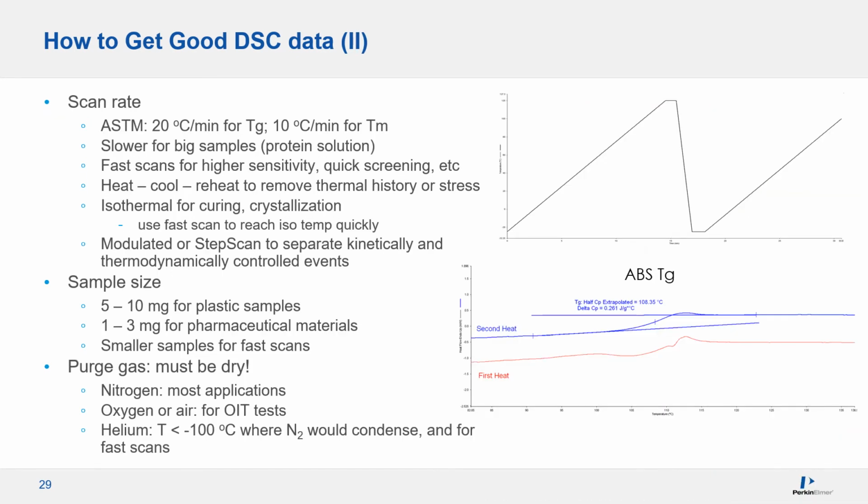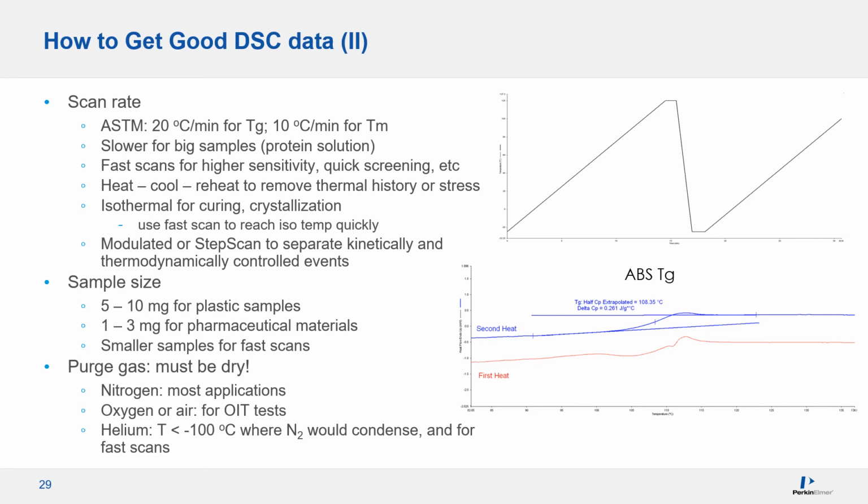A typical scan rate is 20 degrees C per minute for Tg and 10 degrees C per minute for melting temperatures. Use slower or faster scan rates when you have sample size issues or you want to explore the fast scan capabilities. Numerous ASTM methods require standard heat, cool, reheat measurement to eliminate thermal history.